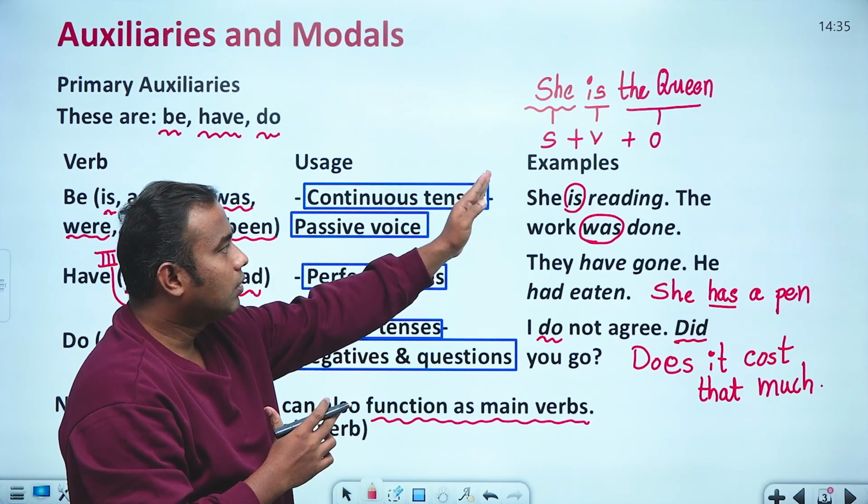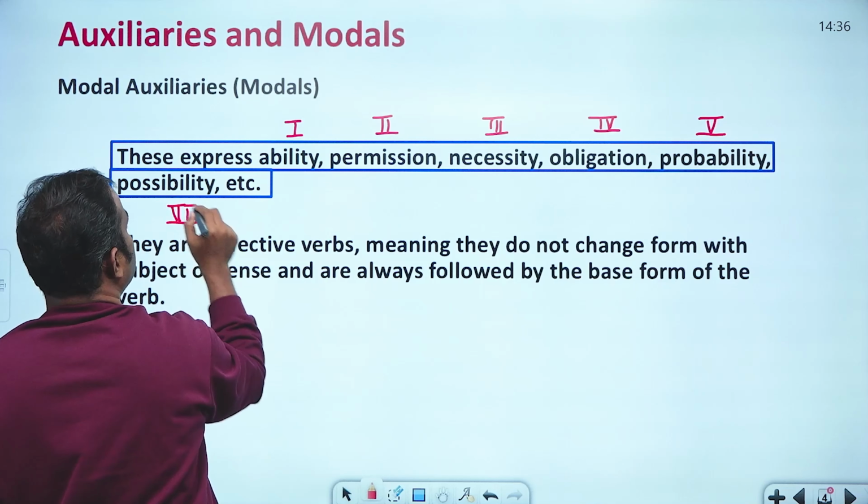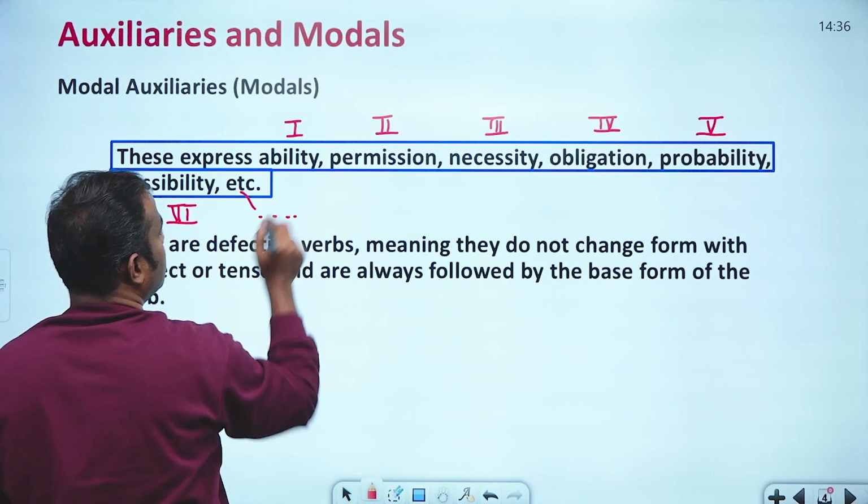The first one is ability. The second one is permission. The third one is necessity. The fourth one is obligation. The fifth one is probability. And the sixth one is possibility, and so on. You can use them like this.